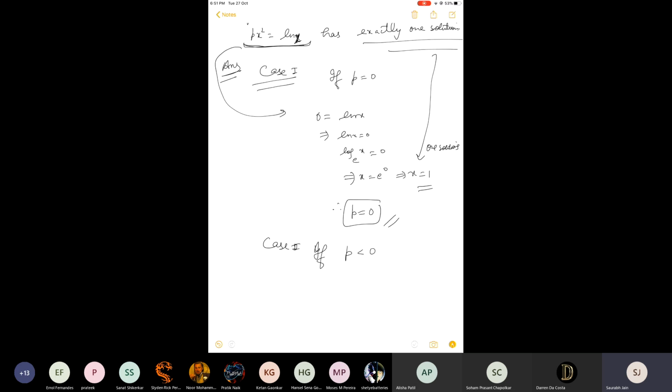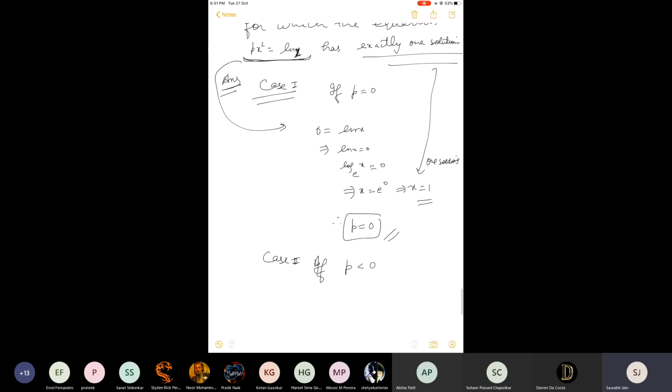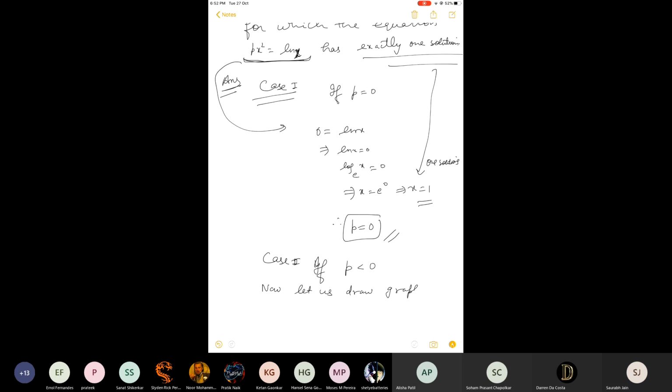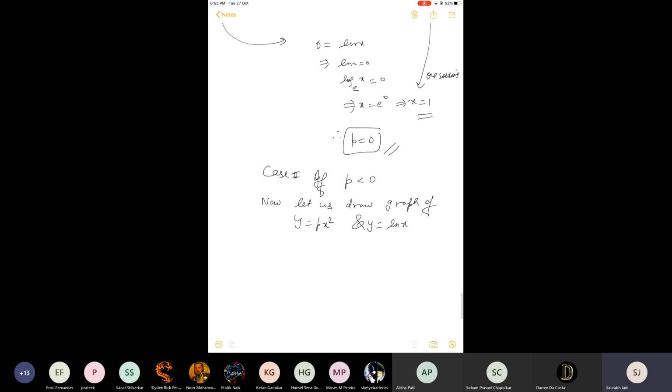If P is negative, now listen carefully. Both the functions are of different nature. On the left hand side we have the algebraic function P x square. On the right hand side we have the logarithmic function. So basically we are going to tackle this question graphically. Now let us draw a graph of y equals P x square and y equals ln x, where you should note that P is taken negative in this case, because this is our assumption.